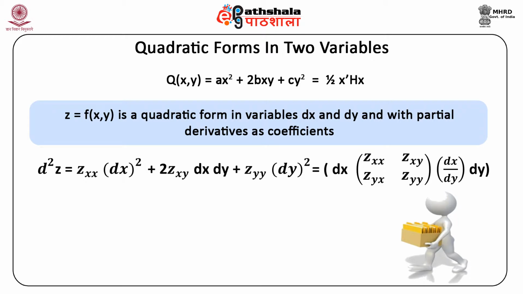Thus, d squared z is equal to X prime HX, where X is equal to (dx, dy), the vector of differentials, and H is the Hessian matrix of the function f(x,y).